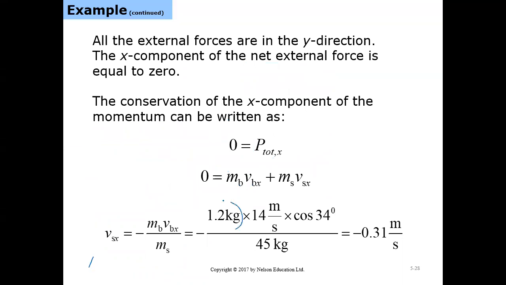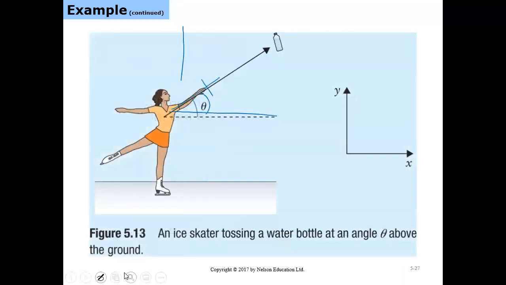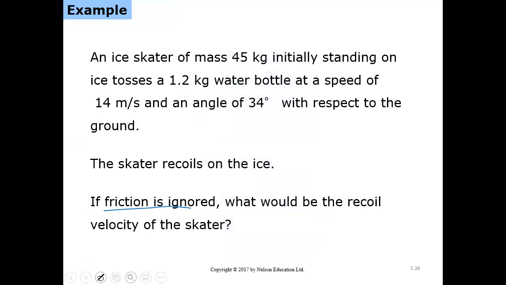MB is 1.2 kilogram. Fine, this is good. VBX, let me go back to the question. It says it is thrown with a speed of 14 meters per second at an angle of 34 degrees.